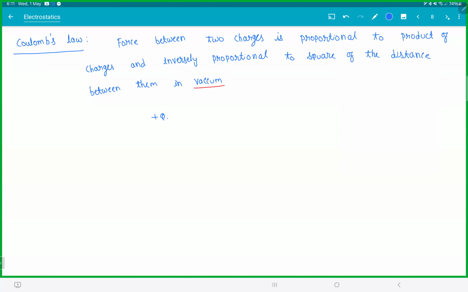So Coulomb's law actually gives you something else. So Q1 and Q2, if you have two charges with a distance r between them, the force acting on this is F21. So the representation is force on 2 due to 1. On this one, it is F12.